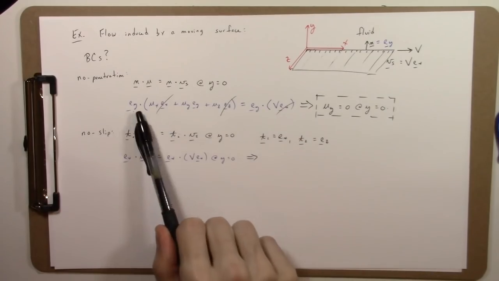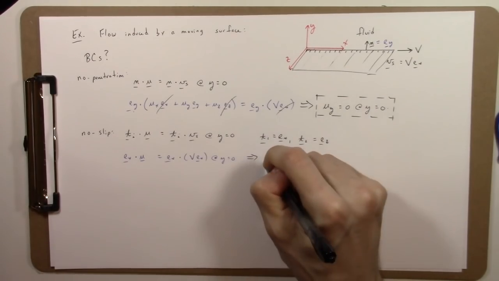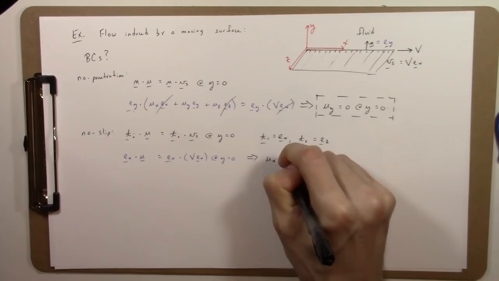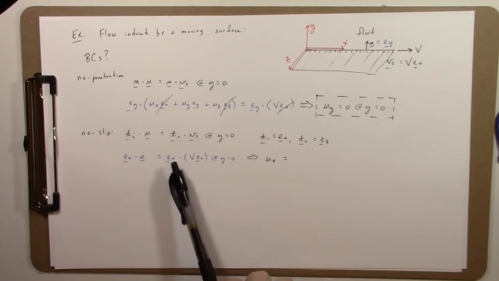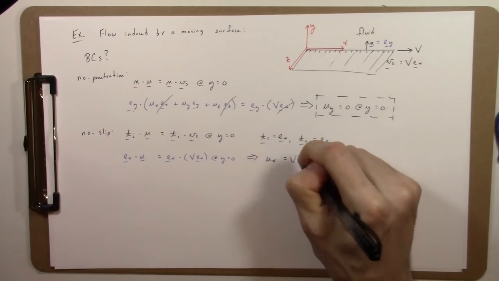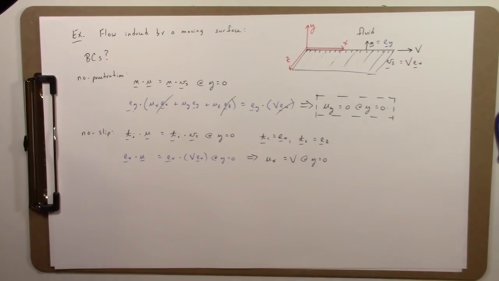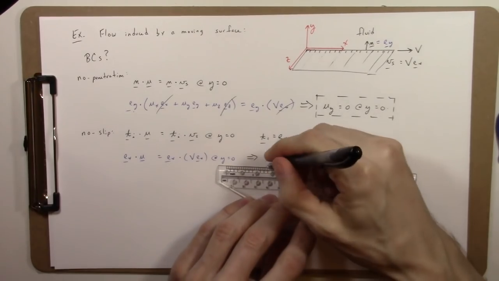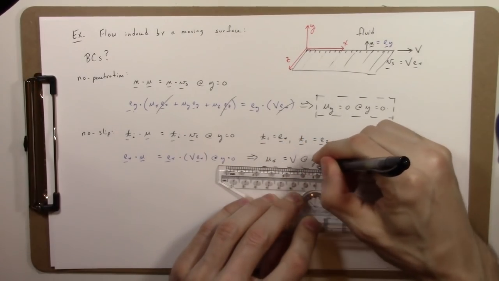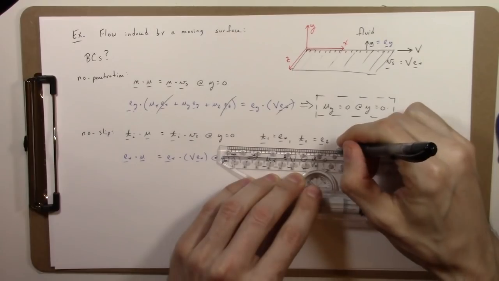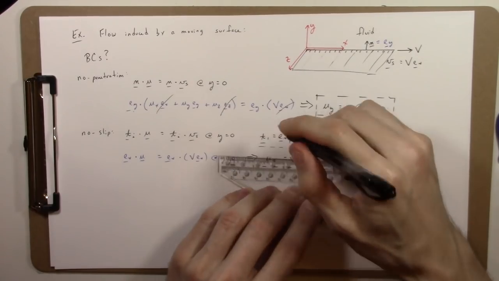Ex dot u just gives us the x component. We get ux is equal to V at y equals 0, since ex dot ex is 1. This, therefore, is one of the two no-slip conditions for this particular system.